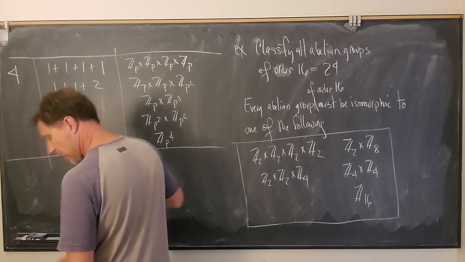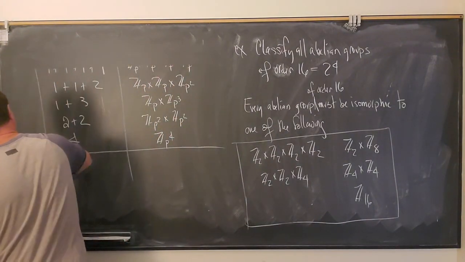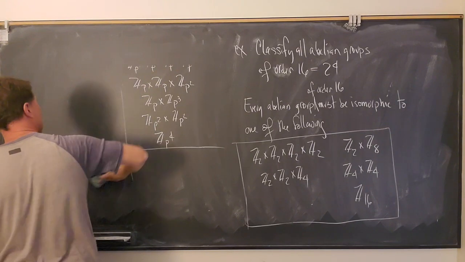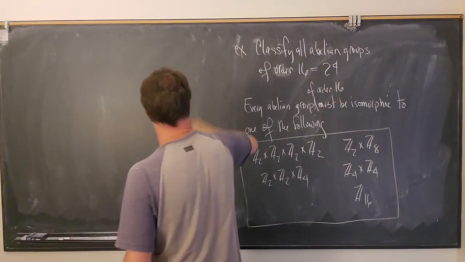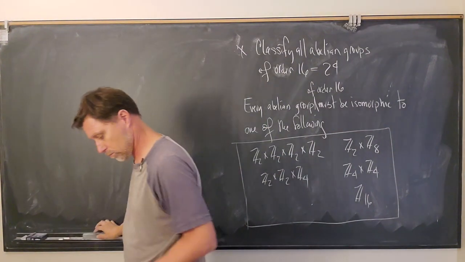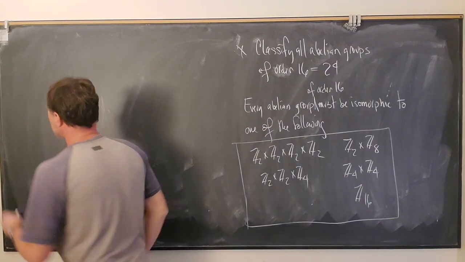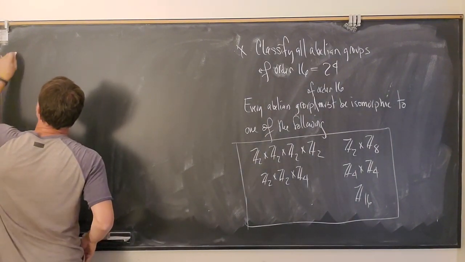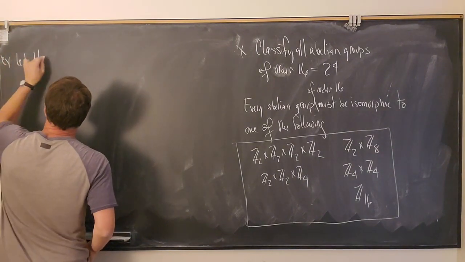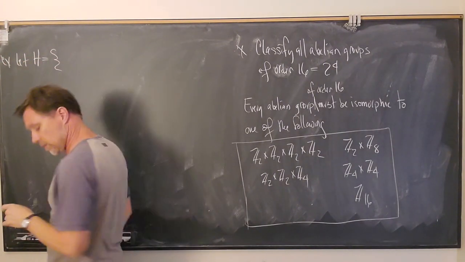So let's actually try an example of that. And so here we go. Let H consist of the following numbers right here.